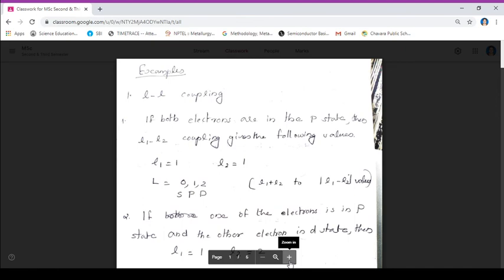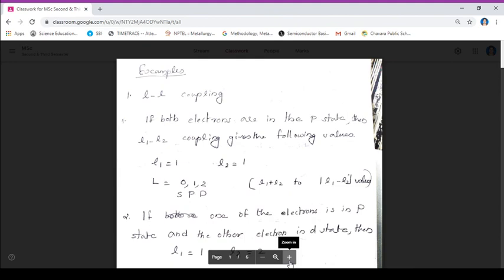Now we will assume an atom whose valence shell contains more than one electron. In that case, how do we calculate the total angular momentum of the atom as such? In one electron systems, the angular momentum of the atom is the angular momentum of the electron itself, whereas in many electron atoms, you have to use a special method to find the angular momentum of the atom.